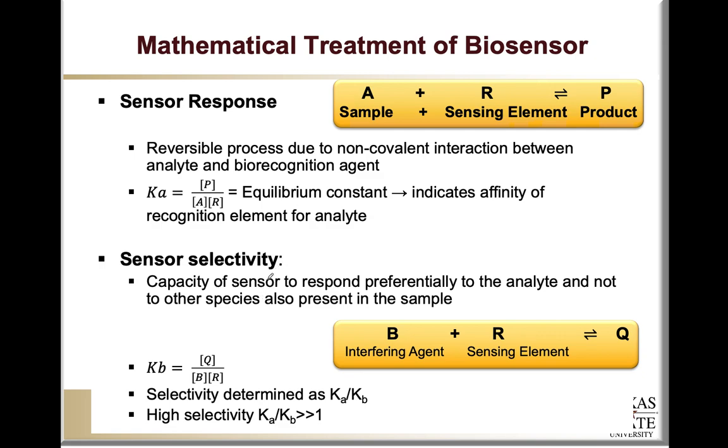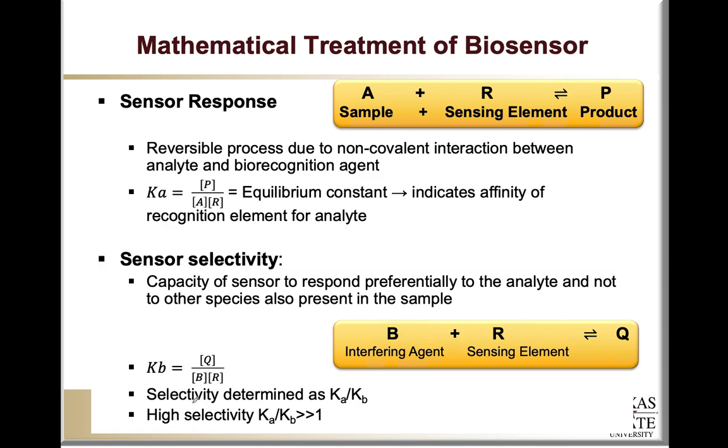Selectivity is the capacity of the sensor to respond preferentially to the analyte and not to other species in the sample. So here we have an interfering agent B that is still going to interact with the same receptor that we utilize to detect our analyte, forming another product that we are not interested in. By the same token, Kb is equal to the concentration of this undesired product divided by the concentration of the interfering agent and the receptor.